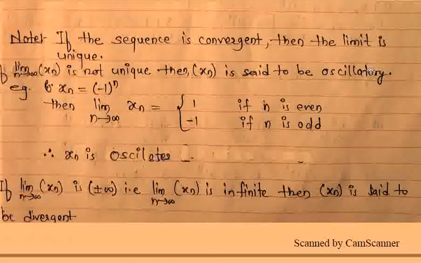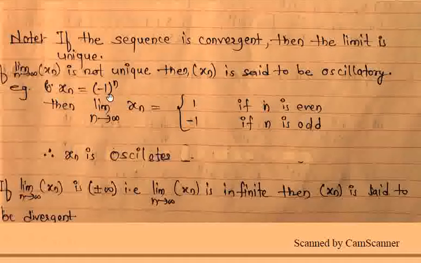So what does oscillatory mean? Now you have xn is minus 1 to the power of n. So if n is 1, minus 1 to the 1, which is minus 1, then minus 1 to the 2, which is minus 1 times minus 1, which is 1. So here they have done 1 and then minus 1. So 1 is even, and minus 1 is odd.